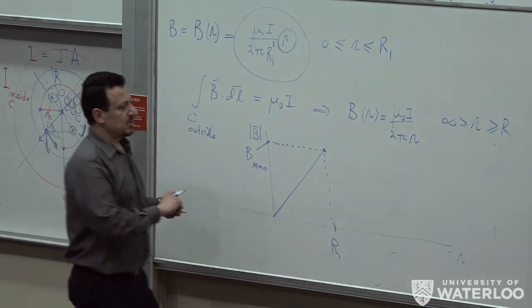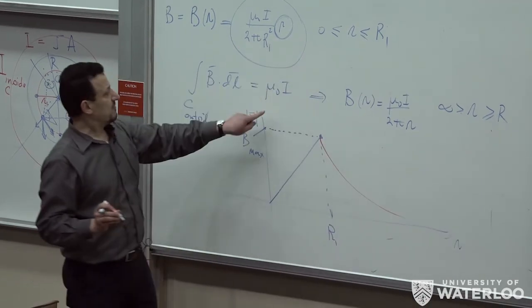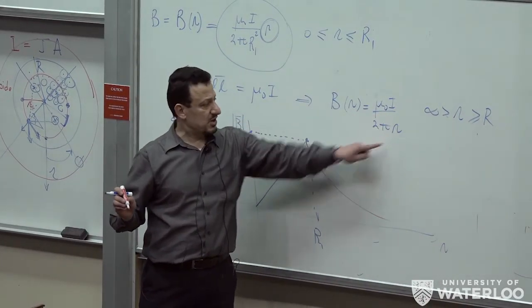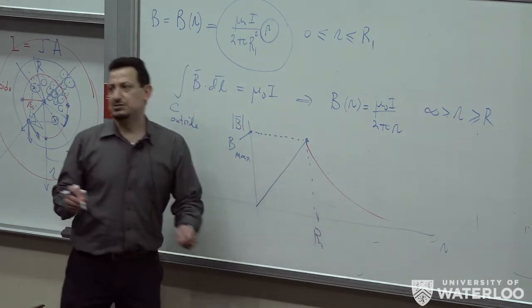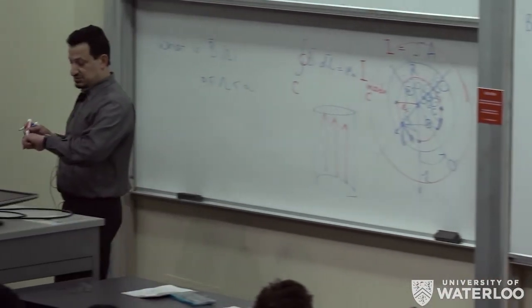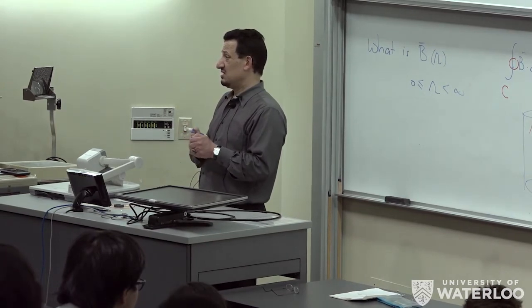After that, it's going to drop as 1 over R. So there's a 1 over R dependence outside, and a linear growth as long as you are inside the wire. That's what I meant when I said earlier it is not intuitive at all.